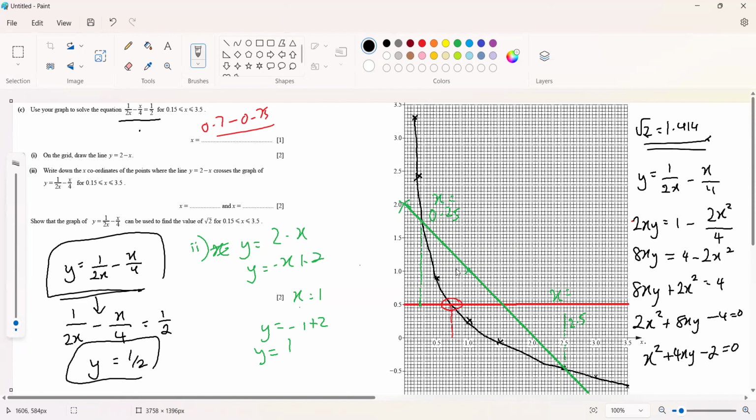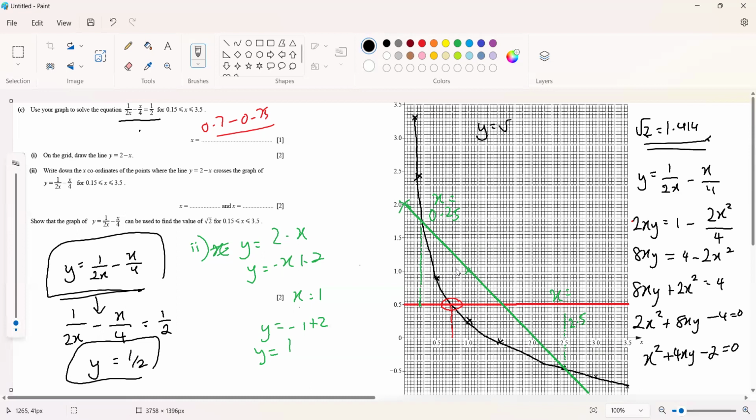Now, at this junction, what we can work with is that since we are looking for root 2, we can assume it as our y.